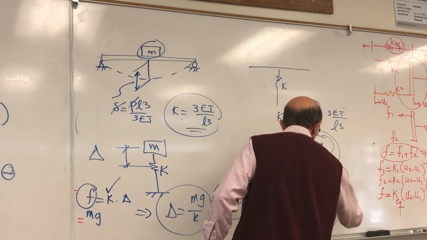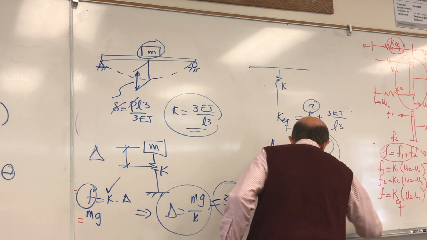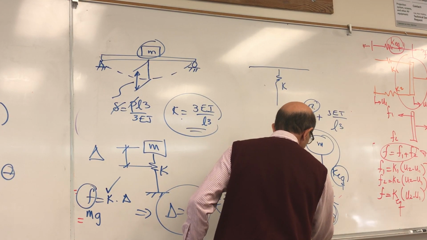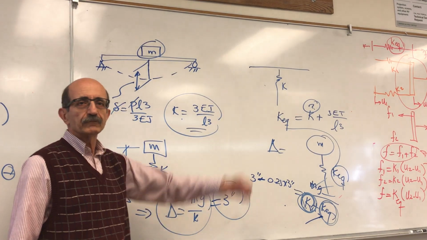So you have M, you have G, so you find, I'm sorry, this one is K equivalent. You have that, you find this, for 3 cases.